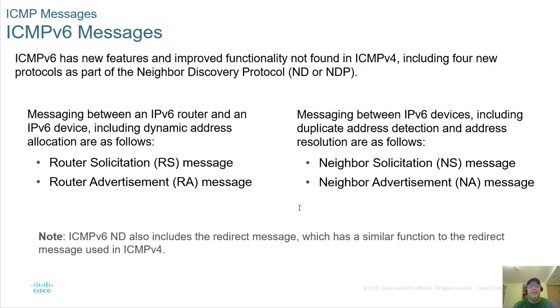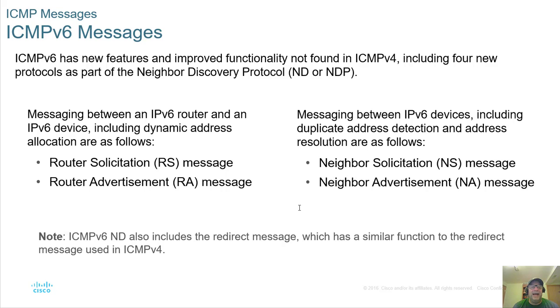IPv6 messages. This is something that's interesting. Router solicitation and router advertisement messages, neighbor solicitation, neighbor advertisements. We talked about those in the IPv6 chapter, and they're actually part of ICMP. And here's what's really weird. They were available in IPv4, but we decided the best possible method, or best practice, for finding devices on a LAN was ARP.